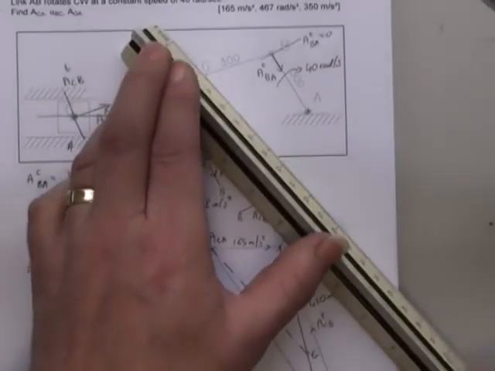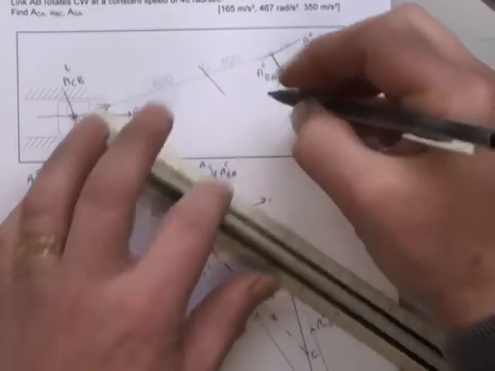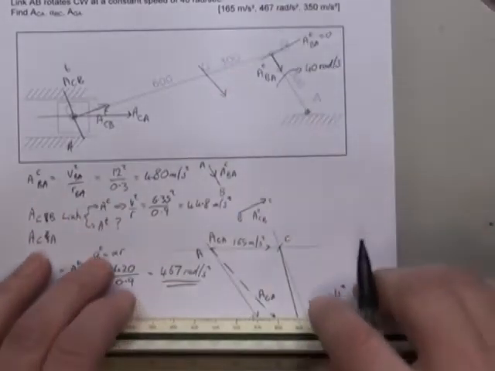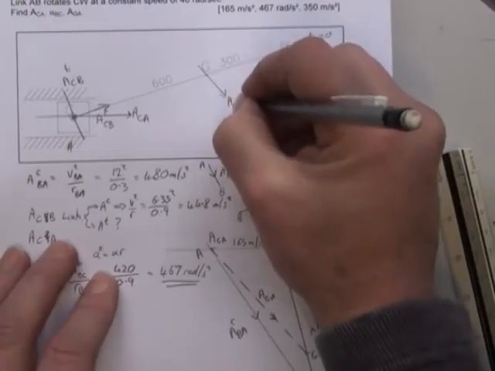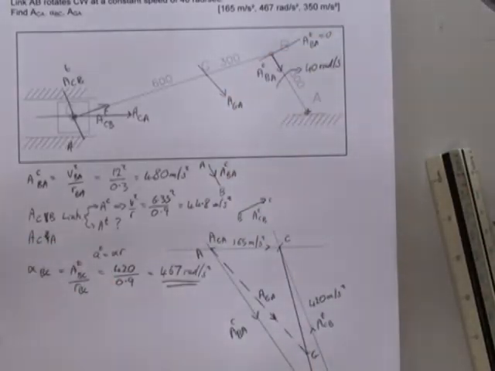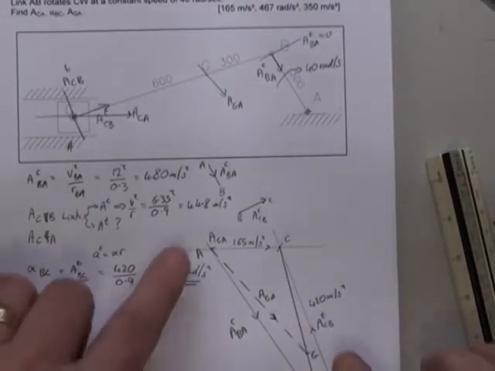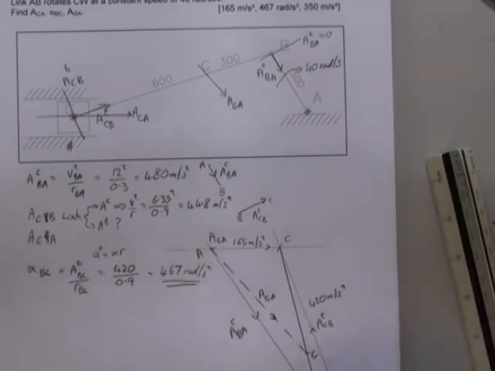Take that back onto here if we need to. We can put that down here. G is accelerating this way. Acceleration of GA. To find it, measure that length. This length here we can measure at 350 meters per second squared. Acceleration of GA.